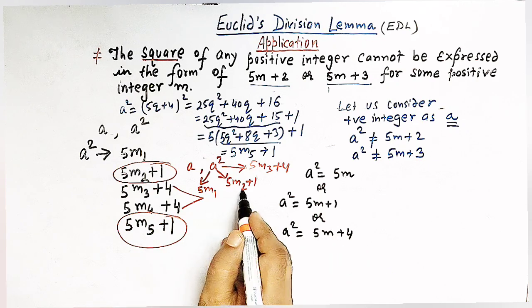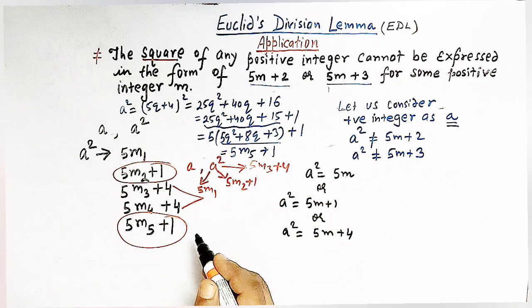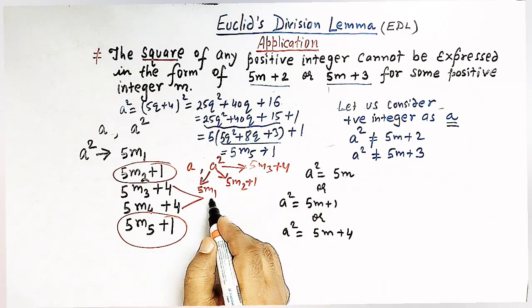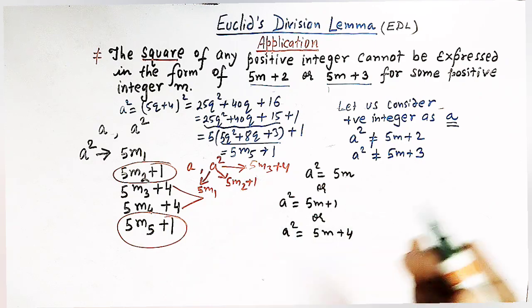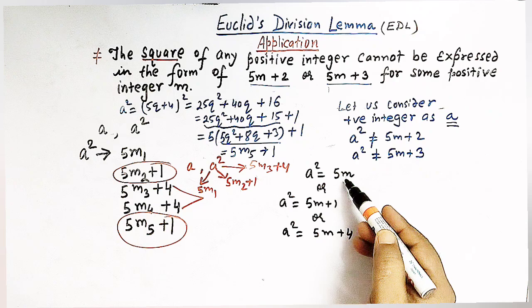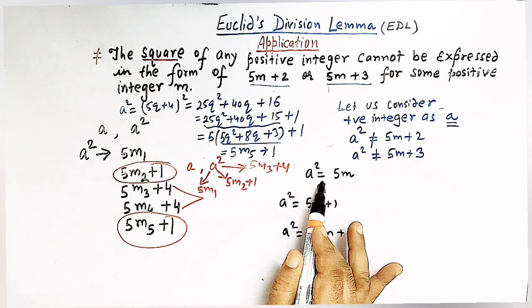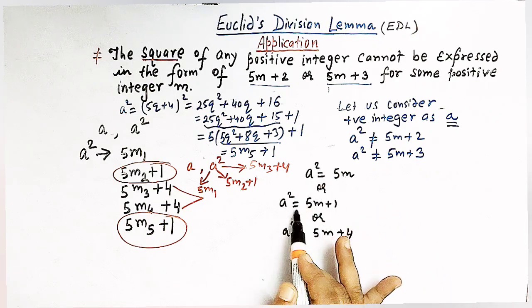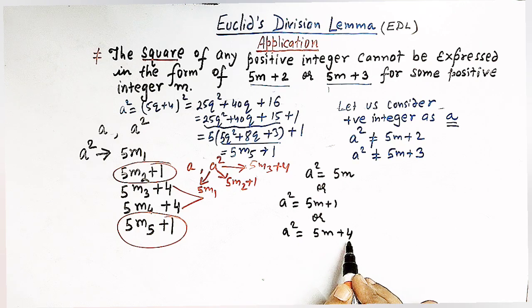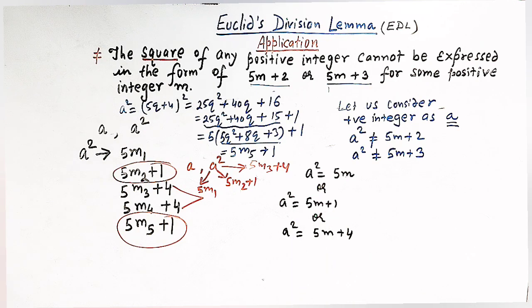Here m1, m2, m3 are some positive integers, and we are replacing them by a single integer m for notation. So a square is equal to 5m, or 5m plus 1, or 5m plus 4, where m is some positive integer.